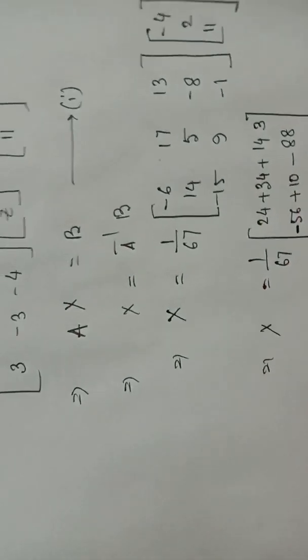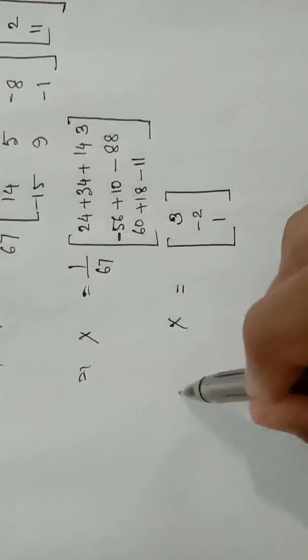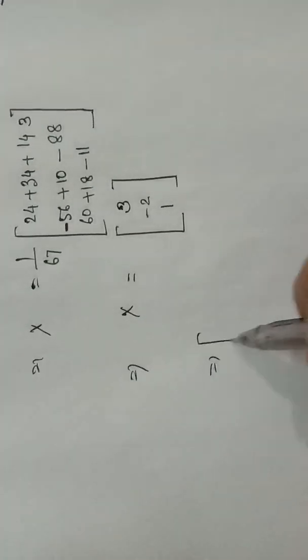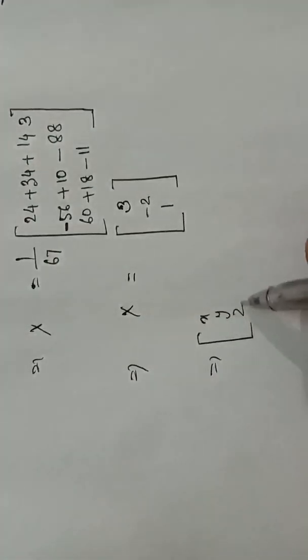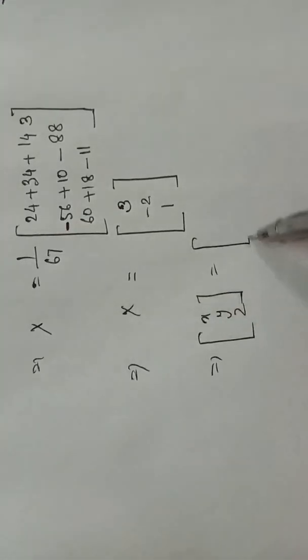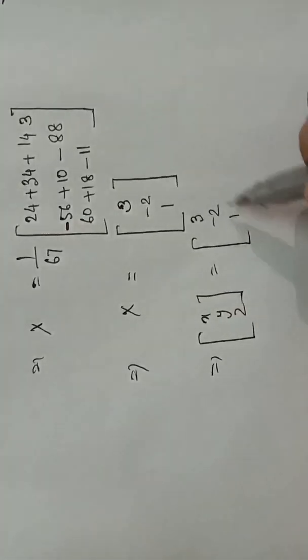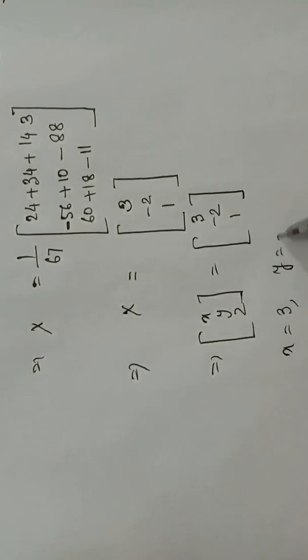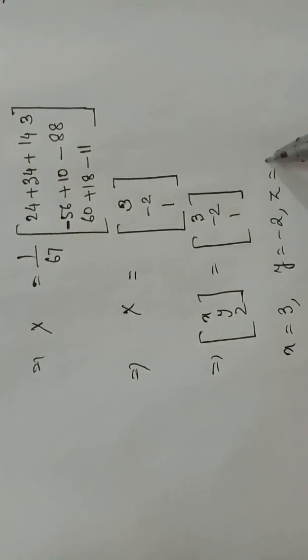Now x equal to the column matrix x, y, z. So if we compare, we'll get x equal to 3, y equal to minus 2, and z equal to 1.